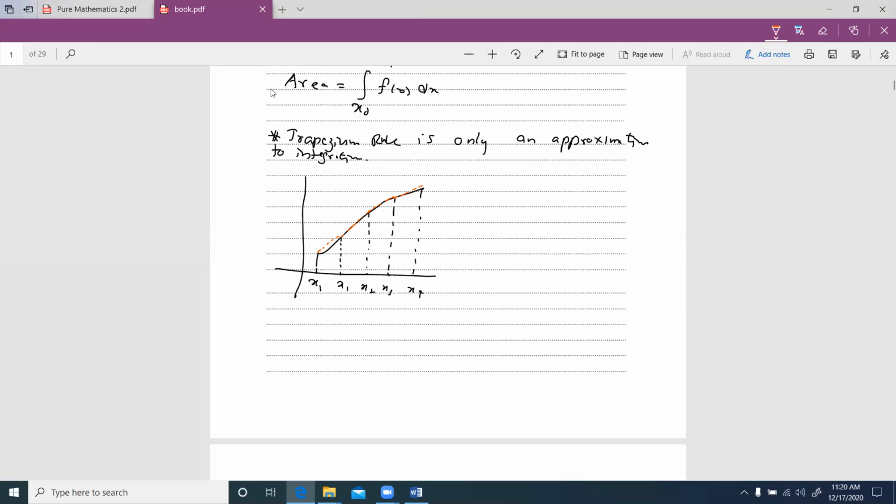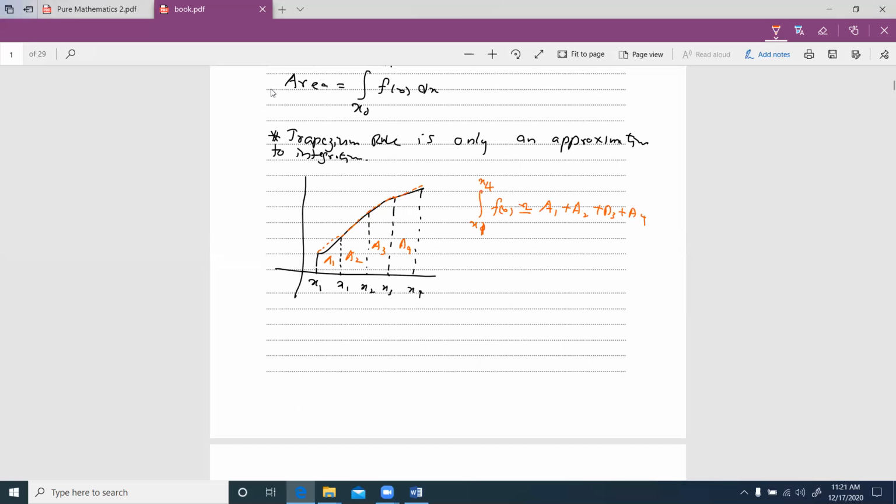Now if you get the areas A1, A2, A3 and A4, you can find the total integration from x0 to x4 of this function f(x). This is approximately equal to the addition of these areas, A1 plus A2 plus A3 plus A4. That's a fact you have to understand.